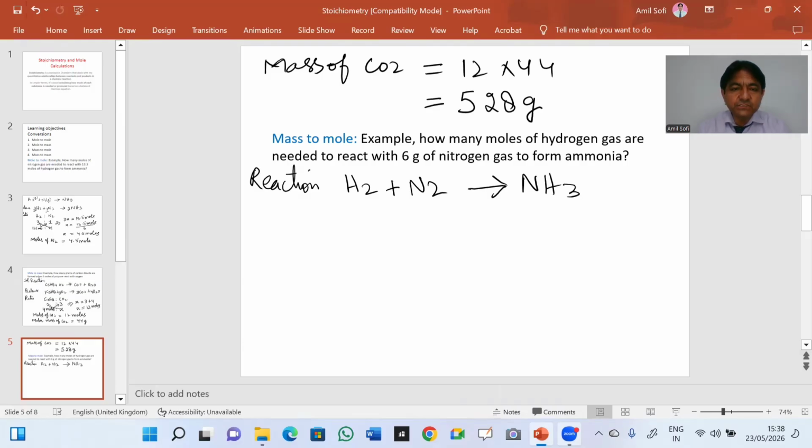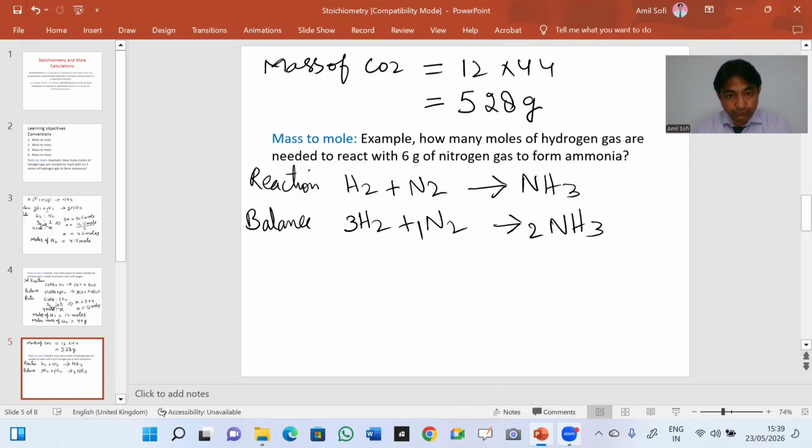The next step is balance it. So I will balance it just like we did in the first example. So it gives us NH3, balancing it like this, 3 times, 1 times, 2 times. So here, what I will do first, I will try to find out the moles of nitrogen, though the mass of nitrogen is given.